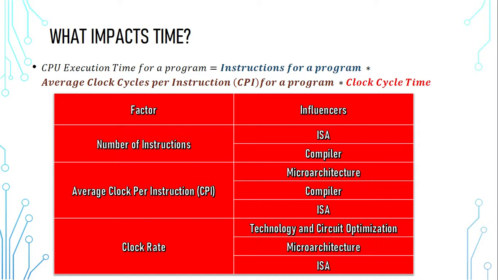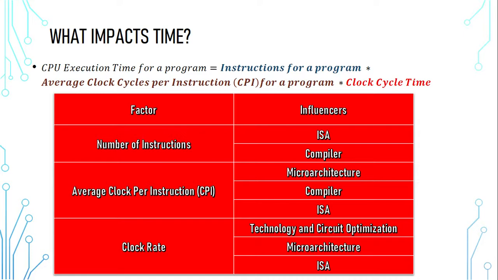On the other hand, another architect implements it in a way that takes 3 cycles to be executed. The compiler, based on its selections of instructions from the ISA, affects the average CPI. You can see this in the previous example that we saw together. And the ISA affects CPI by the type and number of instructions it supports.